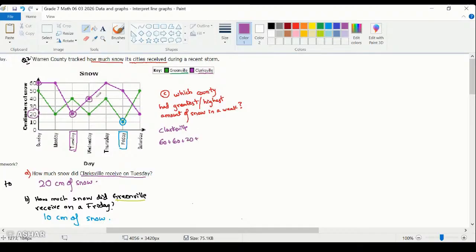Wednesday it was 40, then 60, 50, and 20. That means the total for Clarksville would be 120, 180, 240, 290, and 310 centimeters of snow, right? Let's look at Greenville.